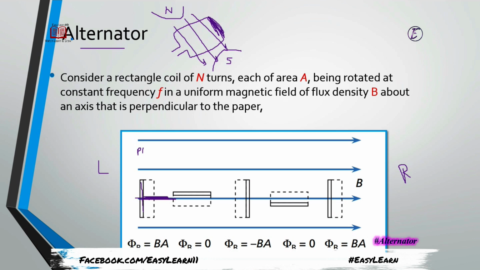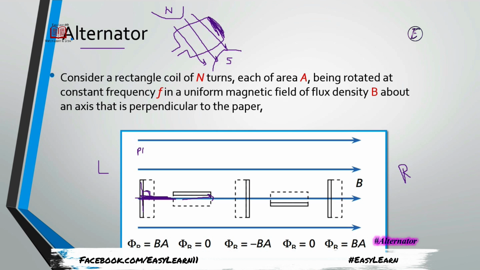At position 1, the normal to the surface of the coil is what I highlighted. This is the normal to the surface, meaning 90 degrees to the surface. The angle between the normal to the surface and the magnetic field is 0 right now, because they are in the same direction, and the angle is exactly 0.